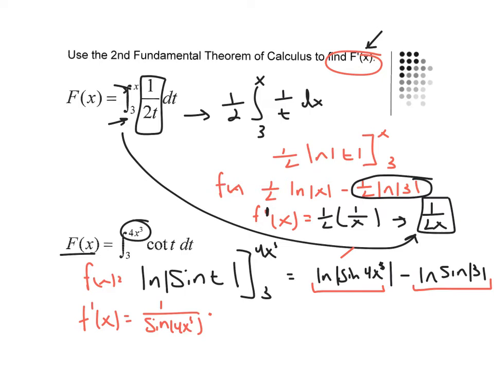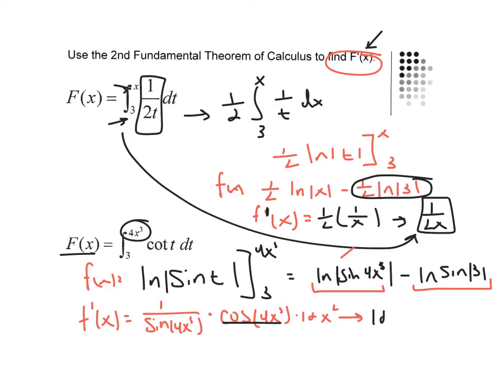The derivative of sine of anything is cosine of that something, and then you have to multiply by the derivative of what's inside again, so 12x squared. So I actually like to rewrite it because we have a cosine over a sine here. That's really like, excuse me, because this is on the numerator, cosine over sine is really cotangent, right?